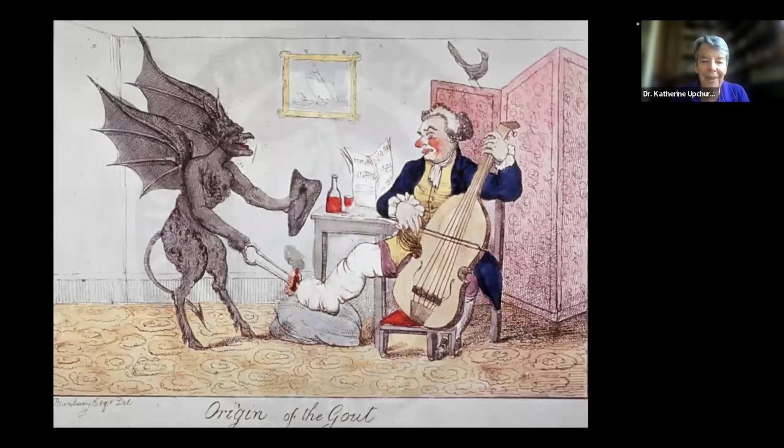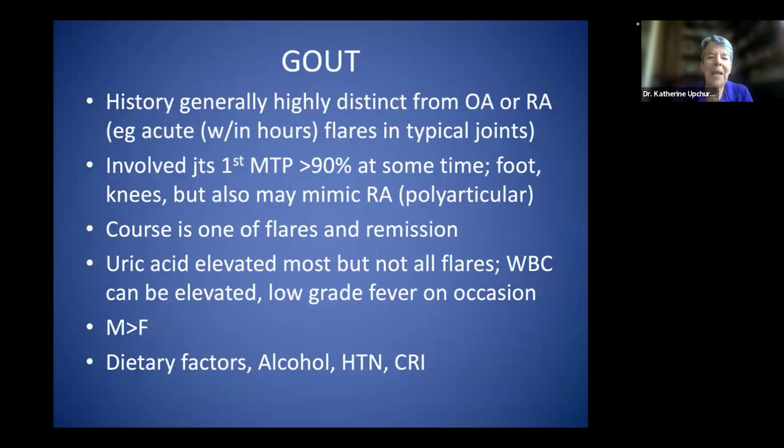This is a great picture of Henry VIII fiddling, and gout is there's a whole series of slides of paintings like this, prints like this, that are kind of fun to look at. You can see the booze or the wine, red wine, which is associated with it too. So it's distinct from OA or RA because it's acute within hours to days.